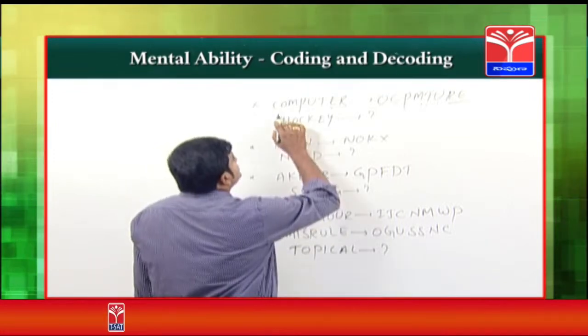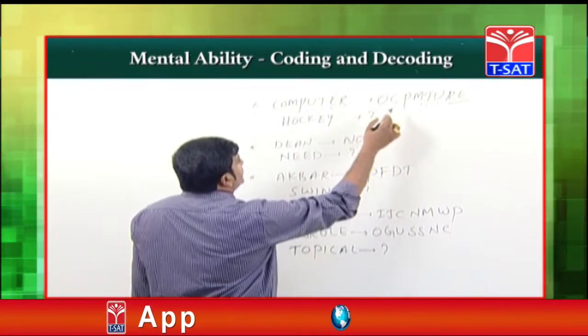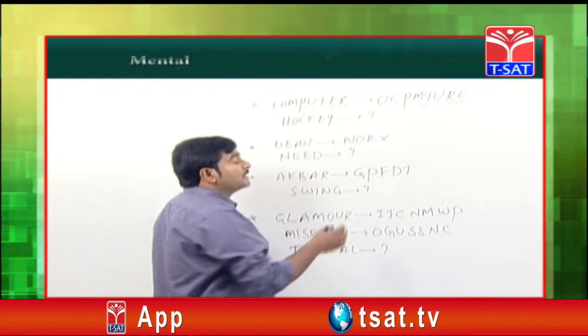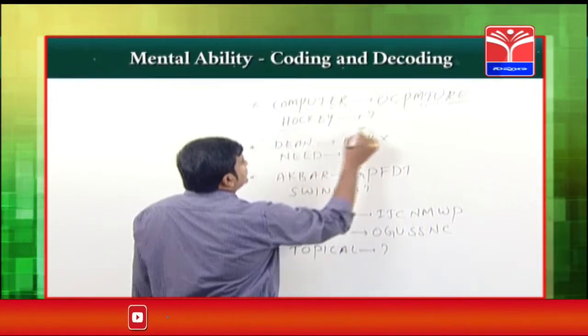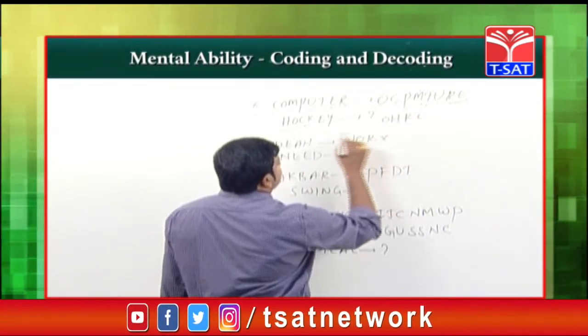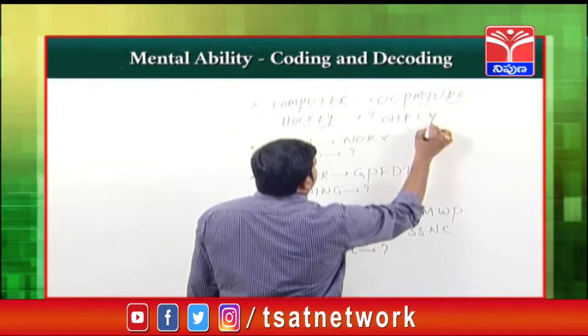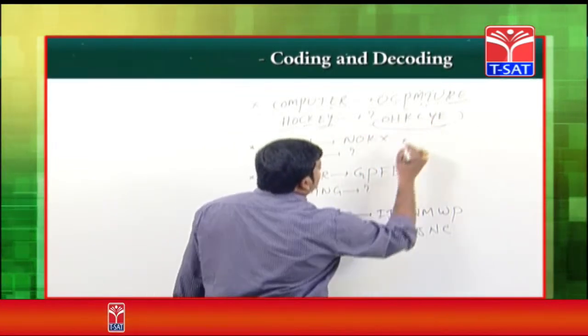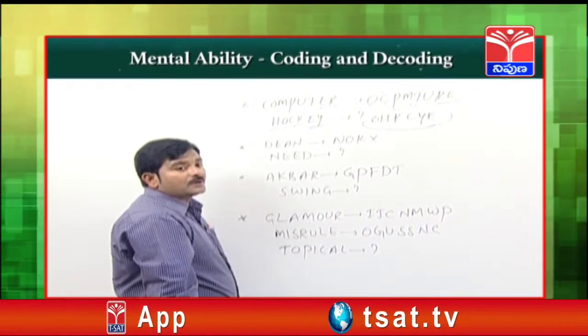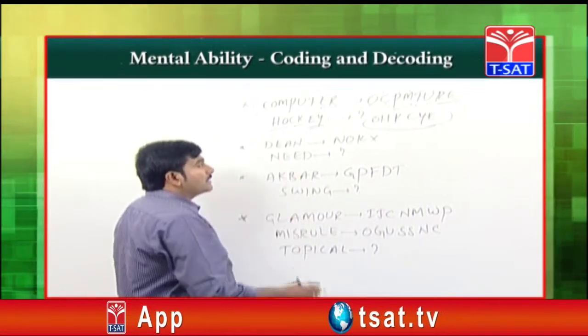To get the answer for this question, HO means OH, CK means KC, and finally EY means YE. Hence OH KC YE is the answer for the given word hockey.